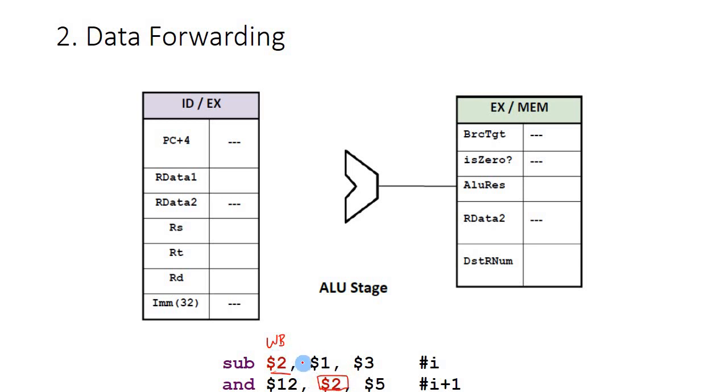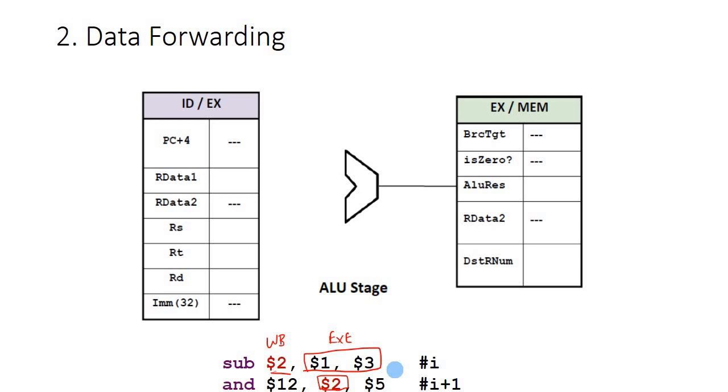And the way data forwarding works, as we have seen in the lecture, is that this subtract operation gives me the result in the exe stage itself. That means once the ALU completes this operation, the answer is already available for me, which is in stage 3.